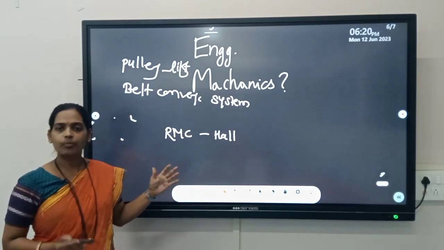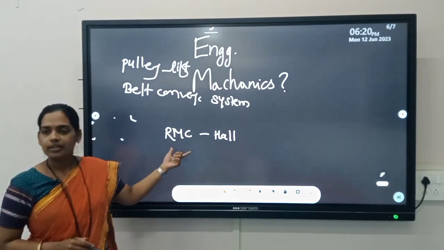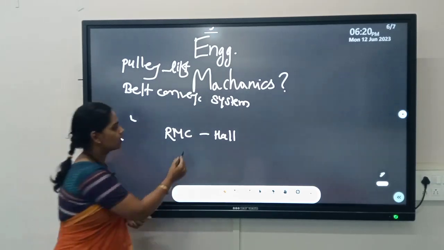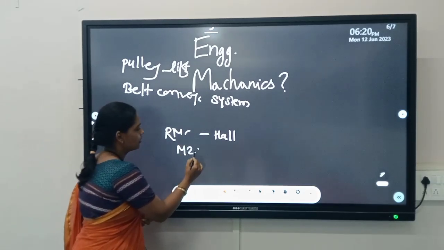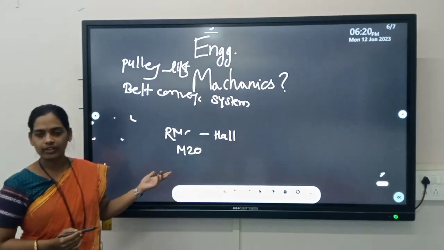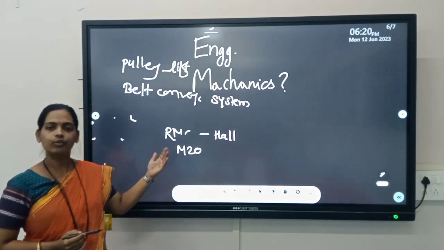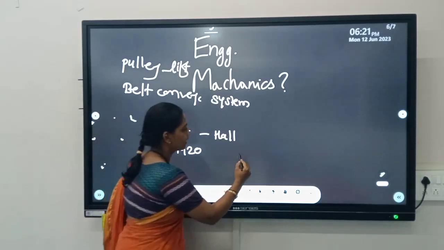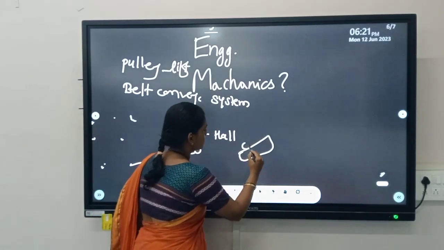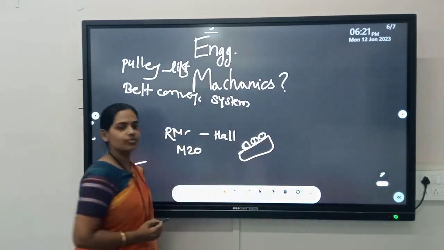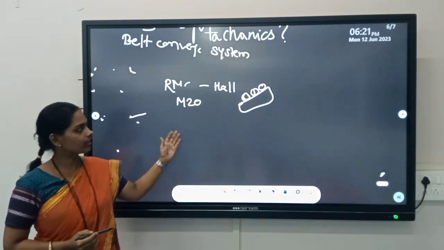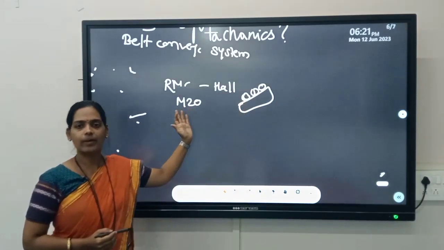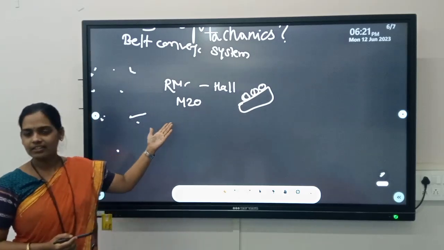From the market or from a particular plant, we demand M20 grade concrete or M15 grade concrete. So it will be more beneficial and the accuracy will be correct. So in that case, in the RMC plant, particular bags of cement or the gravels are conveyed from one place to another place by the belt conveyor system. Also we see it in our atta chakki.